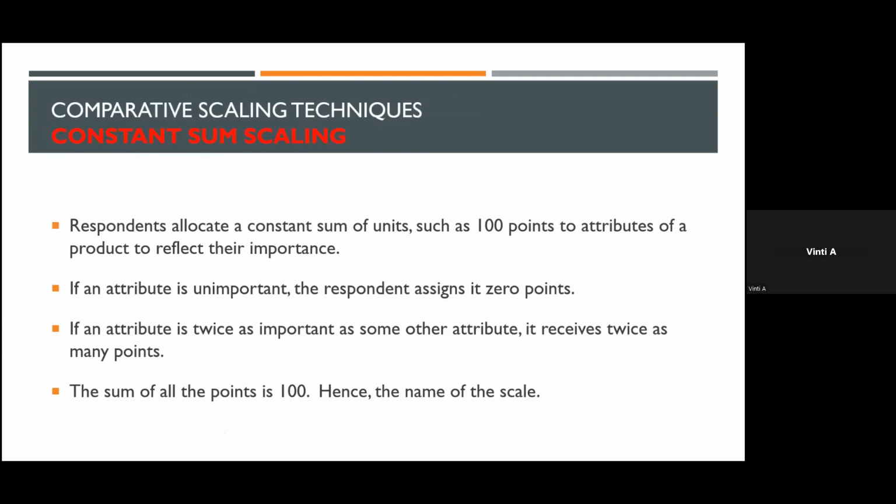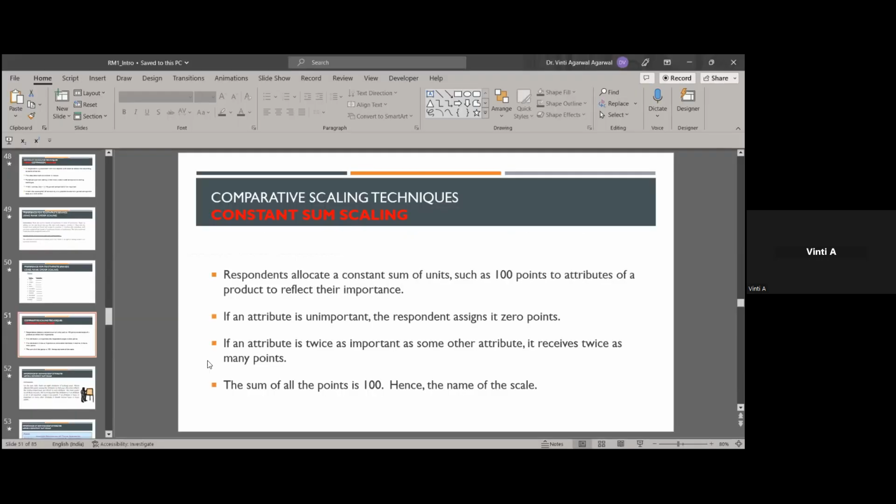And constant sum scaling is where, let's say, I give 100 units, and you divide this sum across the attributes of a particular thing. Let me try this, let me open an Excel sheet.